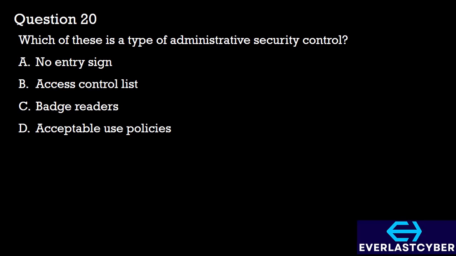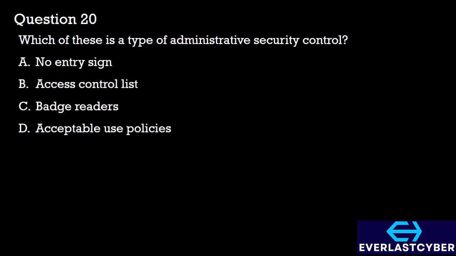So this is a physical security control. An access control list is a technical control that specifies which users or systems are permitted to access specific resources within a network. So this is a technical control.